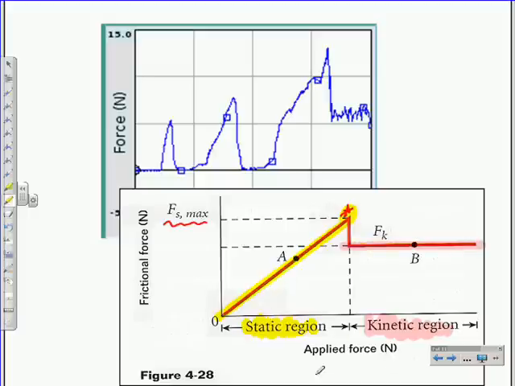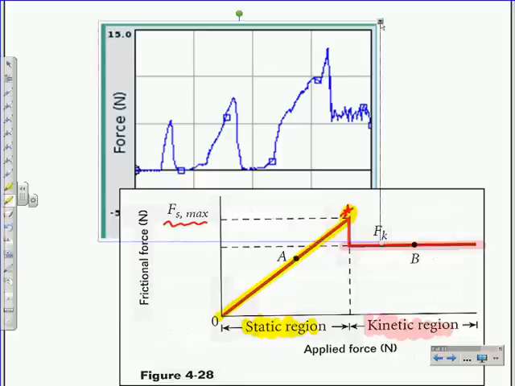However, on this graph, the applied force being measured on the x-axis keeps getting larger as the frictional force remains constant. So in the bottom graph, we have an object that is accelerating at any point past this maximum static friction value because there's more applied force than kinetic friction force.